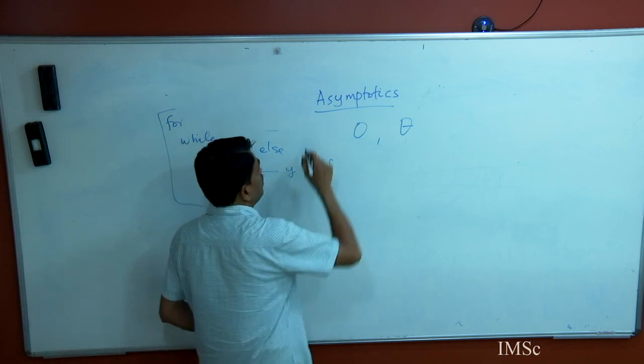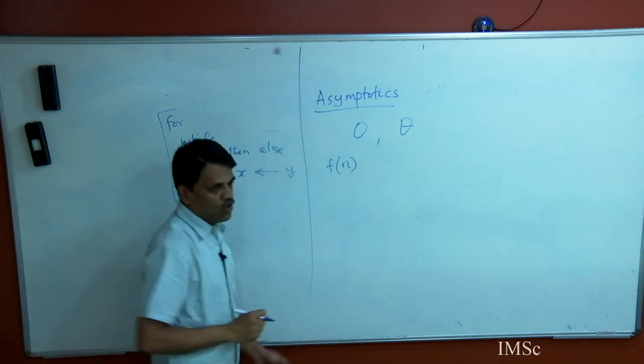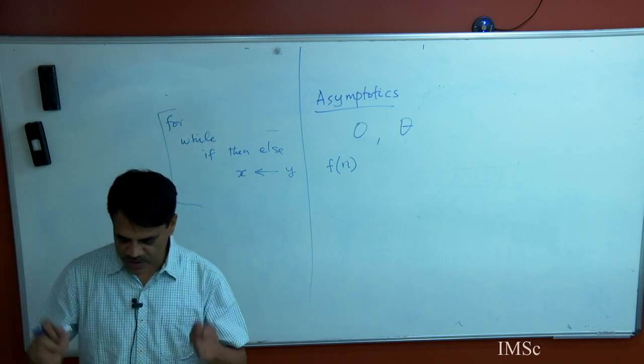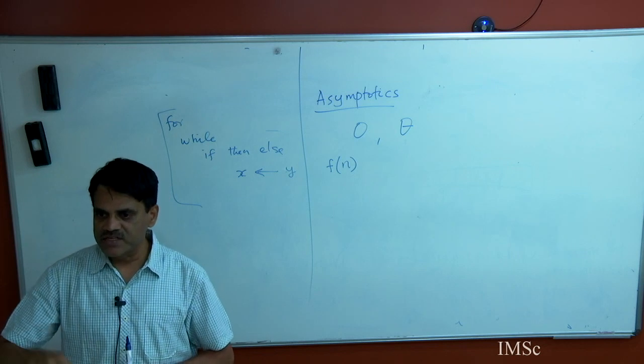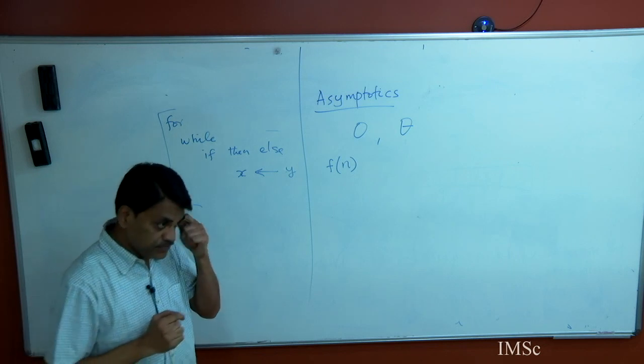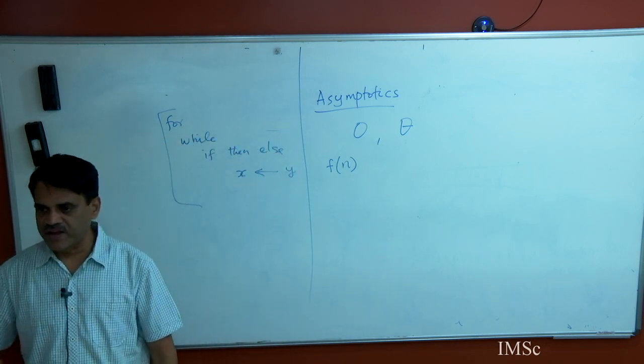Okay, so we say a function f of n. Our functions are all going from natural numbers to natural numbers, because we will be working with data whose size is a natural number. This f of n refers to the time, the number of steps taken by the algorithm.